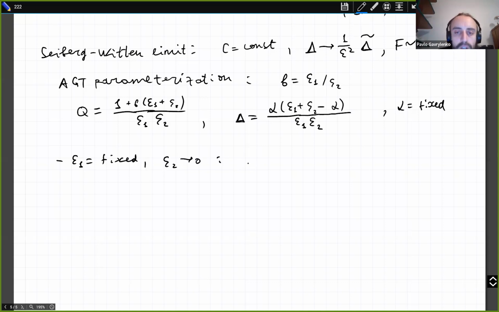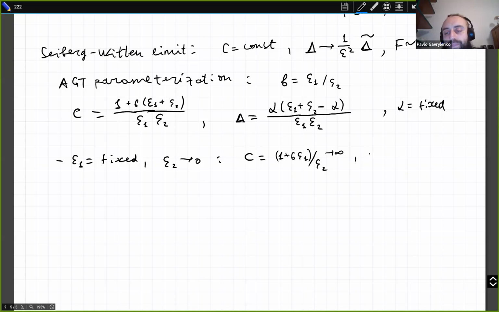So we see that then the central charge, in this case, will be 1 plus 6 epsilon 1 over epsilon 2, so it goes to infinity.